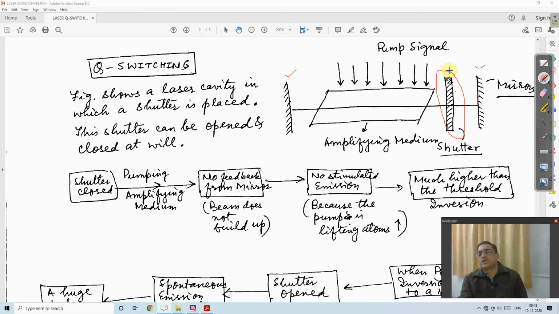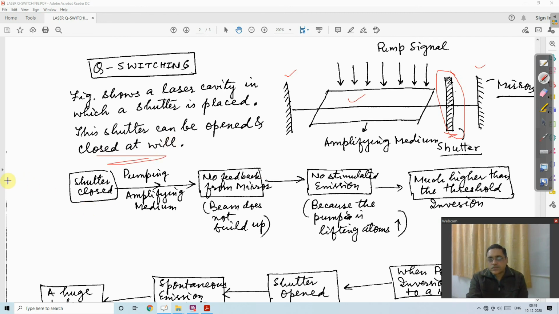One electro-optic shutter may be there, and the pump signal falls on the gain medium. The shutter may open and close at our will, or may open or close automatically using some device.